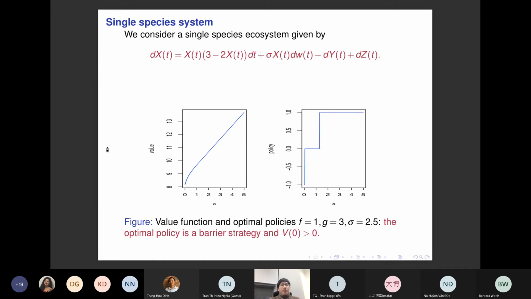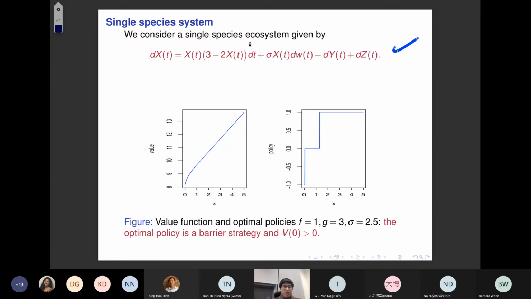Okay, so now we'll look at some specific examples. We use the numerical methods in the previous slides to approximate the value function and the optimal control. First, we look at this.